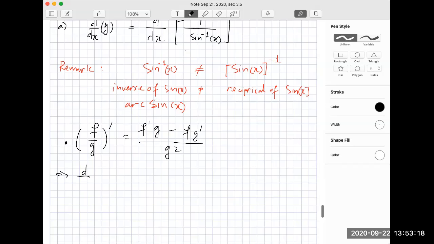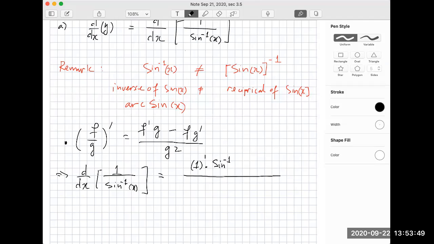Therefore, d over dx of 1 over sine inverse of x will be, so what is it now here? Louder, please. Very good. 1 prime, or 0, times the denominator, which is sine inverse of x. Subtract what?